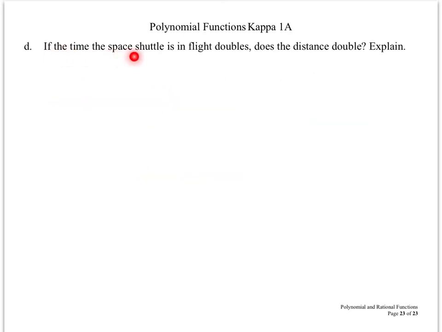If the time the space shuttle is in flight doubles, does the distance double? Well, there's two reasons why it doesn't. If you look back at your numbers, we went 30 seconds and then 60 seconds. 47,000 doubled is not 109,000. And then from 1 minute to 2 minutes, where the time is doubling, it went from 109,000 to 279,000. Didn't double. So the explanation is simple.